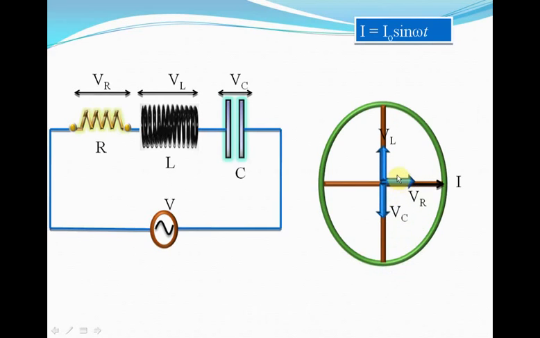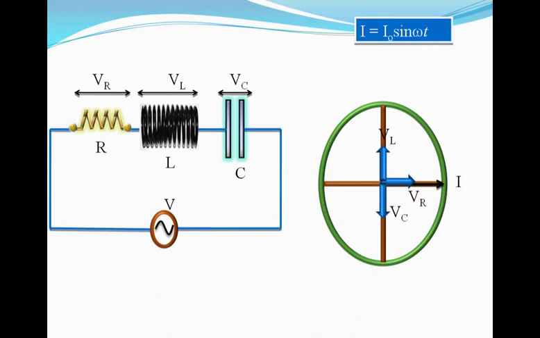Now, VR, the potential difference across the resistor, will be parallel to I, isn't it? After all, we had just discussed that in case of a resistor, the voltage and current are in phase. We had discussed that when we had discussed a purely resistive circuit. So VR and I will be in the same direction. VC phasor, however, will lag behind I by 90 degrees, because we had again discussed that the capacitive voltage lags behind the current by 90 degrees.